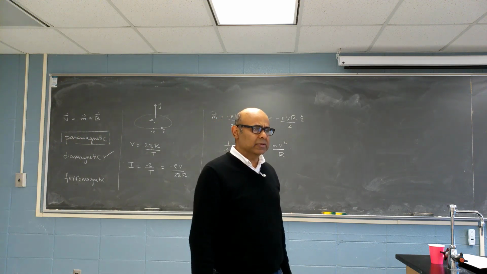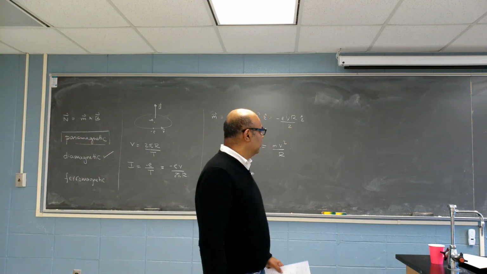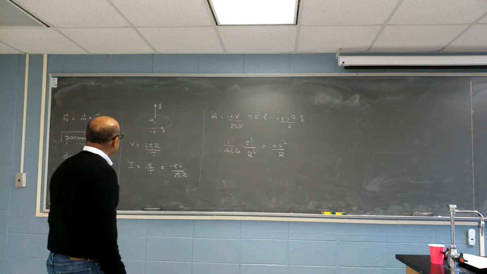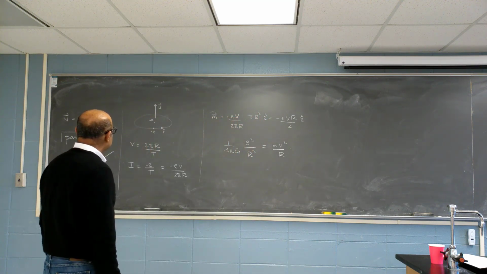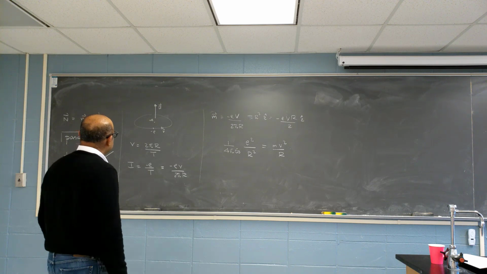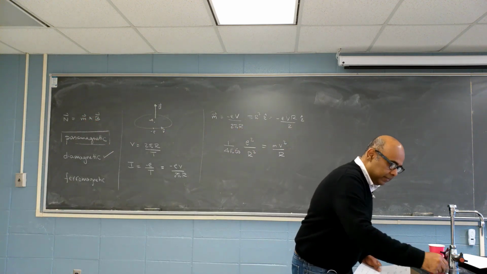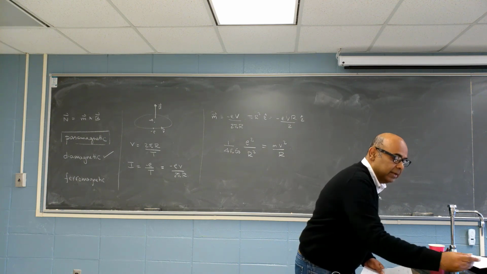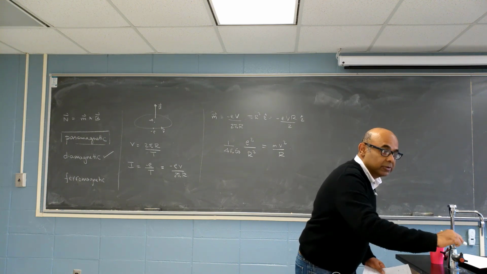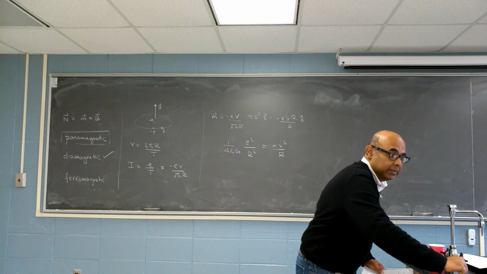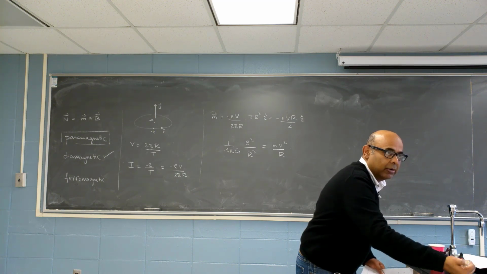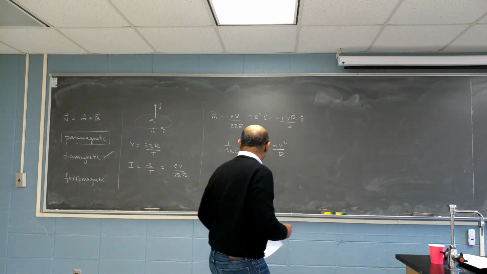You're going to get a V cross B. What direction is V cross B going to be? So this is a circle, and V is this way, B is this way. V cross B is inward if it is a positive charge, but outward if it is a negative charge.